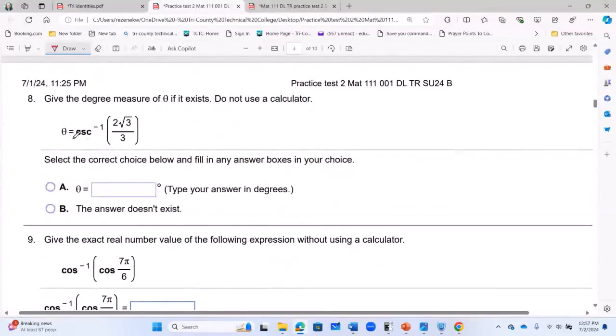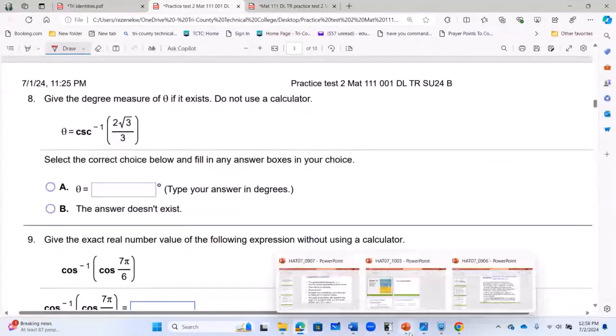Anytime I'm told to find if an angle is cosecant inverse of this, I will first of all find the sine. But I just want to make sure you know how to use it in the calculator.